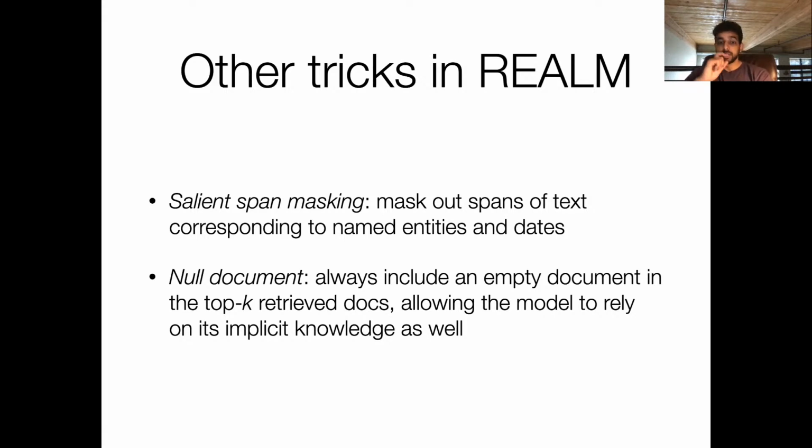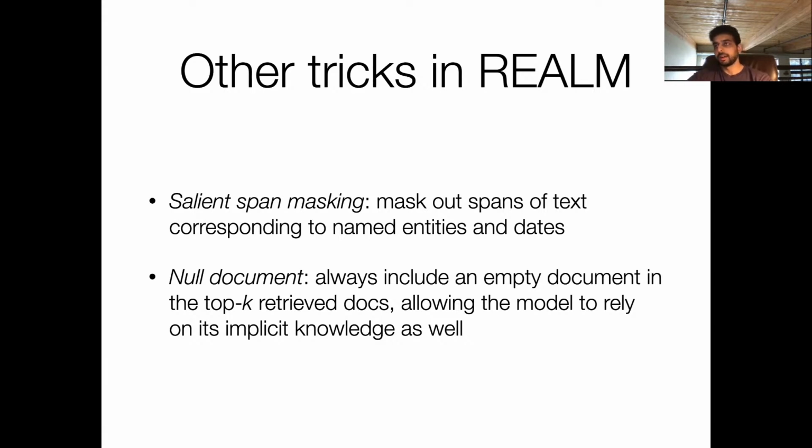Another thing they do is within the set of the top K retrieved documents, they always include an empty document. And so this allows the model to also store world knowledge implicitly in its parameters instead of always relying on the retrieved documents for this knowledge.